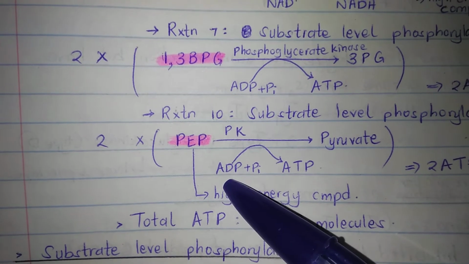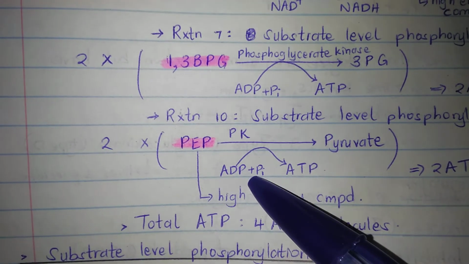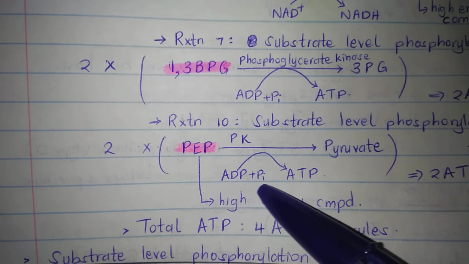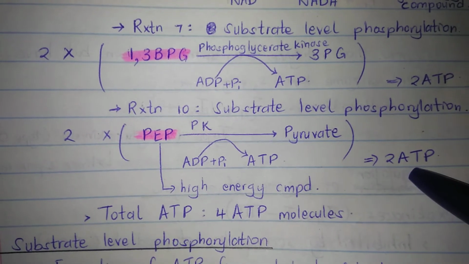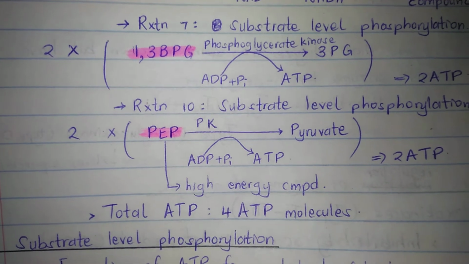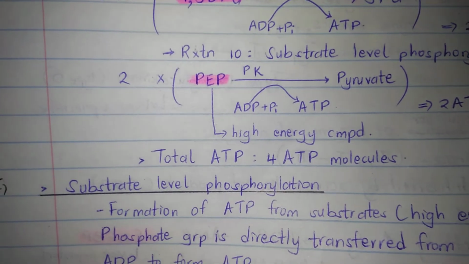And then phosphoenolpyruvate donates its phosphate to ADP, and we form ATP. We're multiplying by 2. So this is our next 2 ATPs, and 2 plus 2 will give us 4. So the total ATP is 4 ATP molecules.